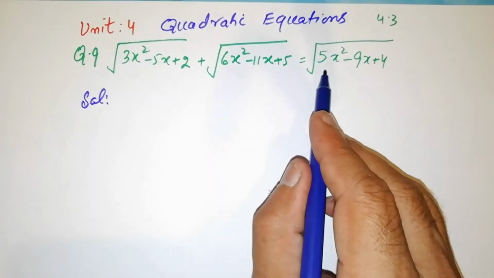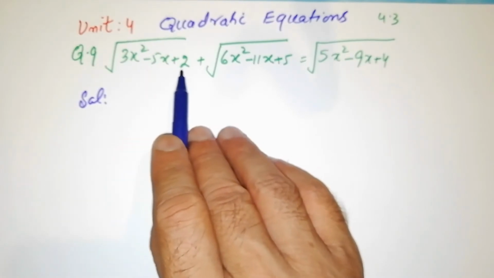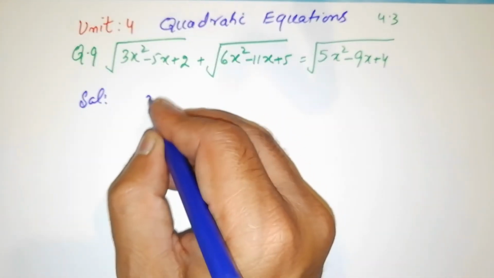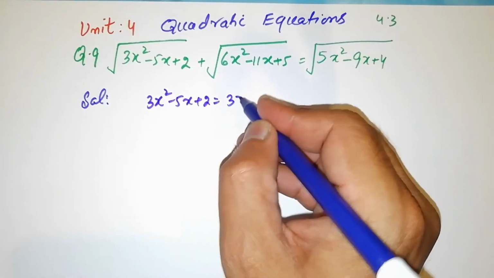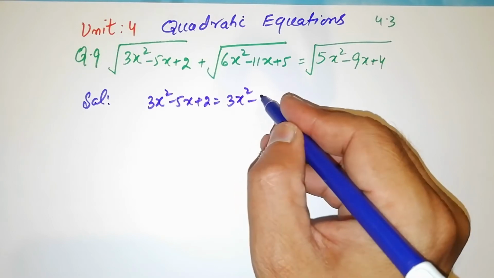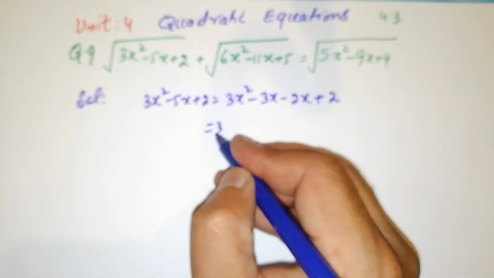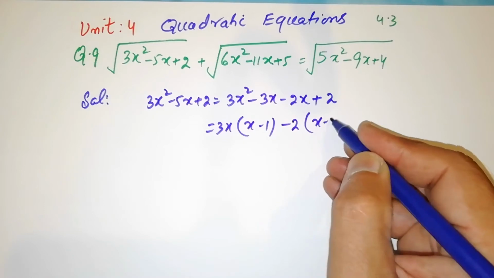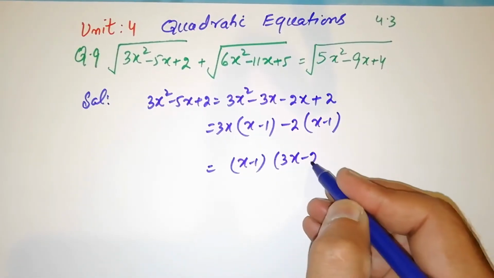इन तीनों फैक्टर्स, ये जो तीनों रेडिकल साइन के नीचे क्वाड्रेटिक पॉलिनोमियल हैं, क्वाड्रेटिक टर्म्स हैं, इनको हमने फैक्टराइज करना है. So 3x square minus 5x plus 2 can be factorized as, so we take 3x common, x minus 1 minus 2 common, x minus 1, which gives x minus 1 and 3x minus 2.